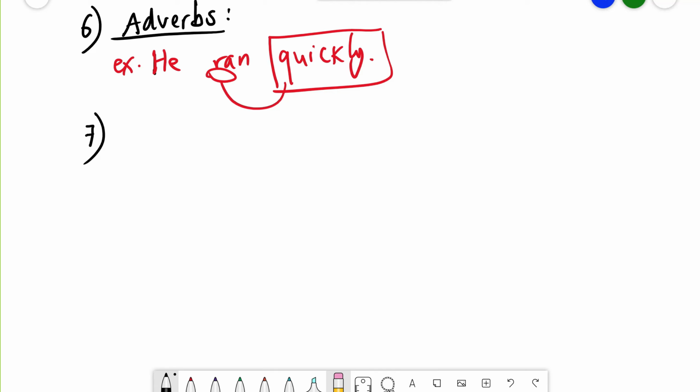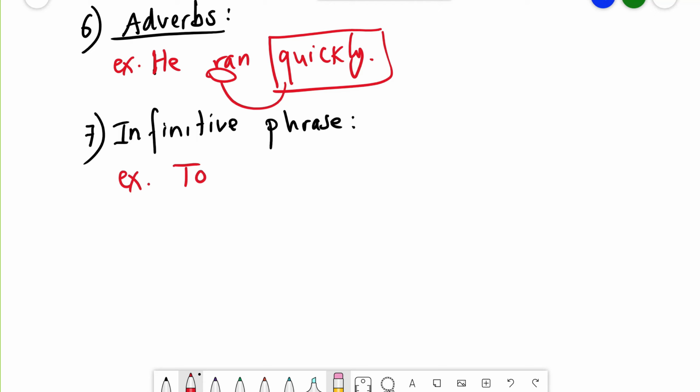Number seven, it could be what? Who can remind me, guys? Apart from noun phrase and prepositional phrase and clause, what else? It could be infinitive phrase. Let us take an example.